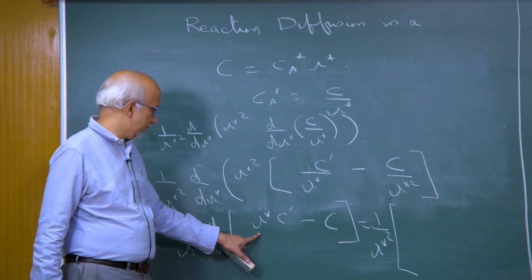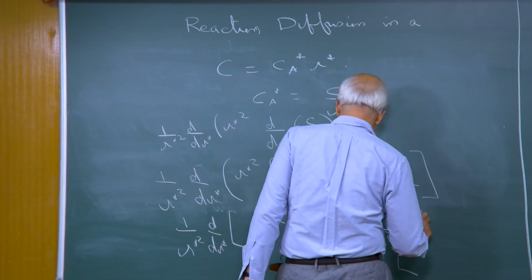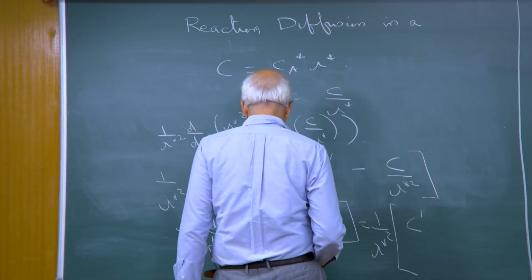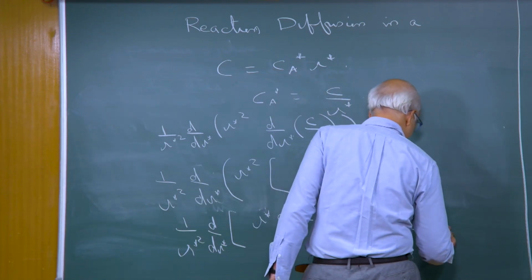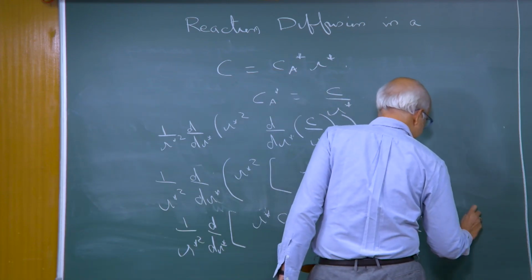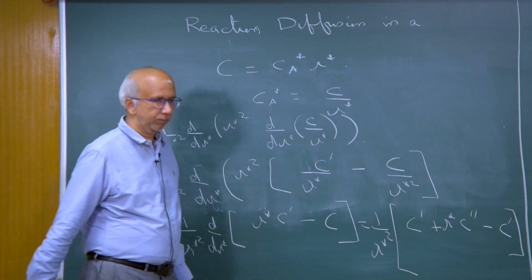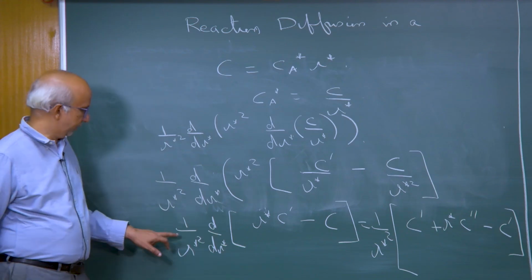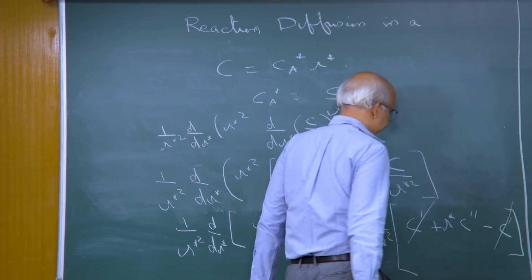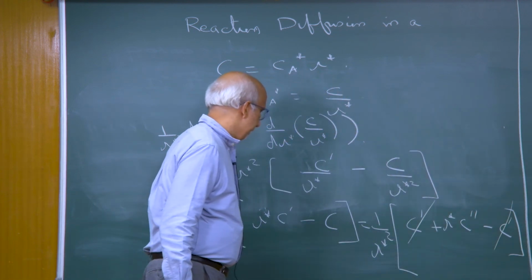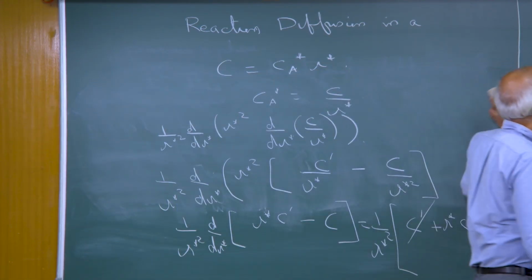You differentiate this once, I get C dash plus R star C double dash minus C dash. Okay. So, this is a derivative of this, I am just evaluating the derivative, you see this cancels with that, great. And what I am saying is, when you make this substitution, this second derivative term becomes that.